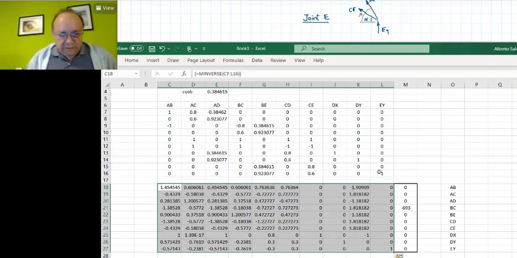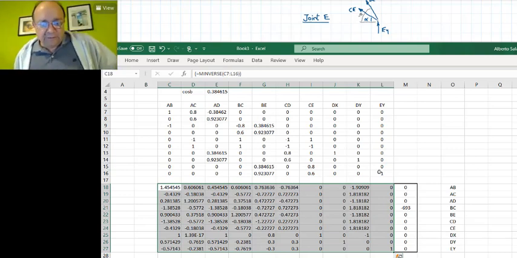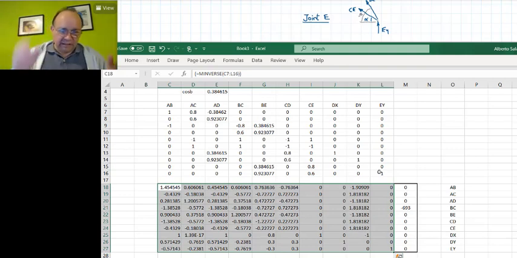That's for older versions of Excel. In Excel 365, you just type M inverse, select the matrix, and press Enter. It doesn't even need you to close the parenthesis. It's smarter. So now you have the inverse.